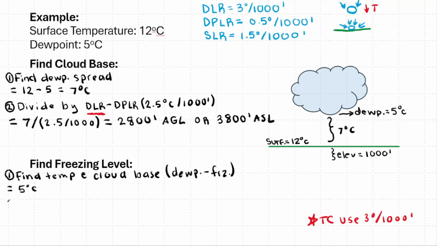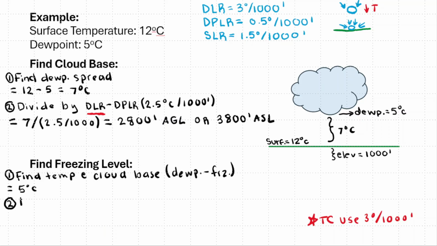Now, this time, what lapse rate do you think we're going to be using? Because our freezing level might not be directly at the base of the cloud. Our freezing level could be a little bit higher up in the cloud. But what is different about the air in the cloud versus the air on the ground? Well, the air in the cloud here is going to be saturated air. So the lapse rate that we need to use in this example is the saturated adiabatic lapse rate.